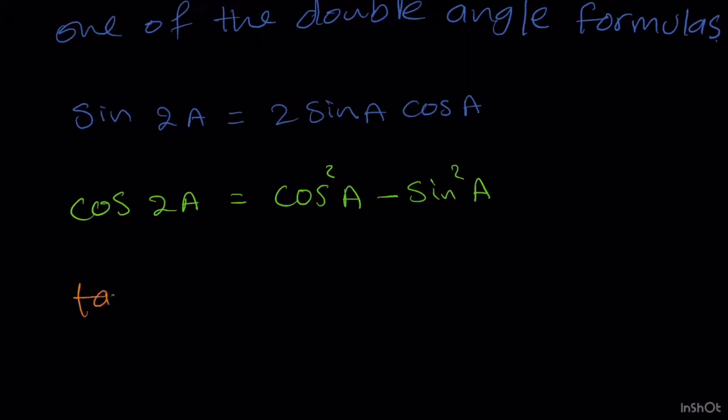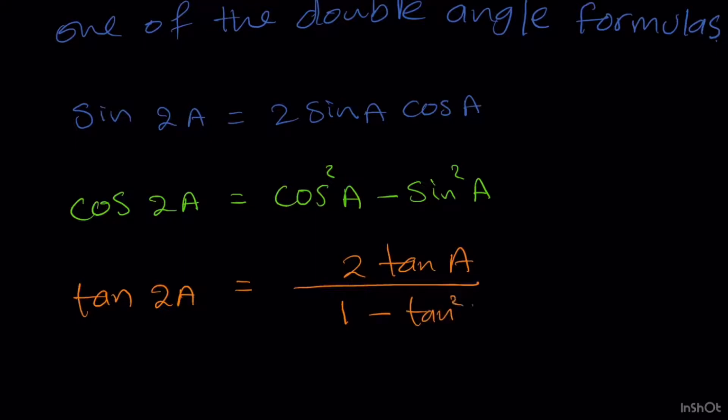So tan 2a is 2 tan a divided by 1 minus tan squared a. These are the double angle formulas. So if we have integration of sine squared or cosine squared or sine cosine, then we can use one of these to help us.